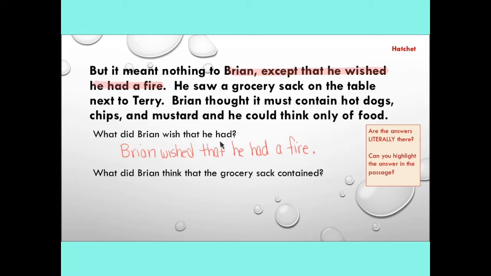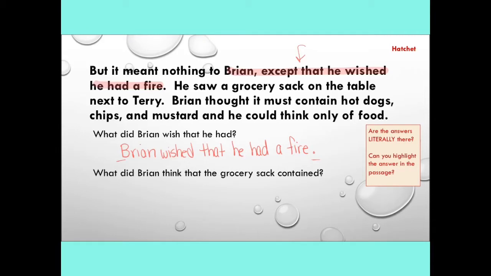What did Brian wish that he had? Brian wished that he had. I'm answering the question and I'm putting it in the form of a sentence, which is what we want you to be able to do. Put it in the form of a complete sentence. Use capitalization and punctuation at the end. We also want you to remember to highlight the information in the passage, the answer.